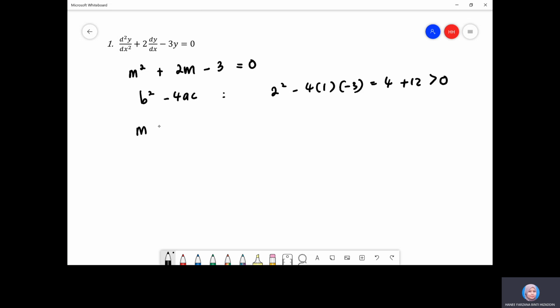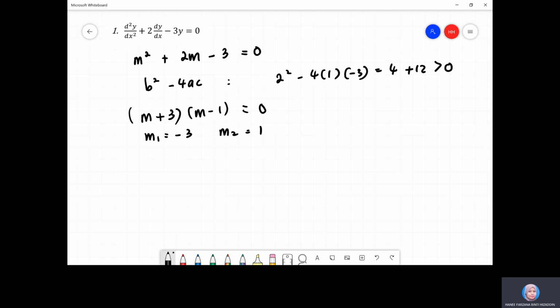So you just factorize and find out the value of m. You have m1 equals negative 3, m2 equals 1, or vice versa. You can put m1 equals 1 and m2 equals negative 3. You wouldn't be penalized.